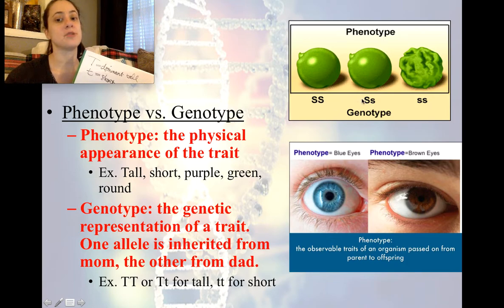There's one of two possible genotypes here. Over on the bottom here, we've talked about blue and brown eyes numerous times. And here the phenotype is blue eyes. Here the phenotype is brown eyes. So again, phenotype is the observable trait.